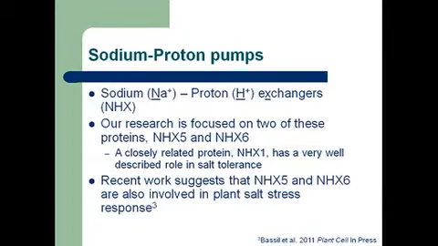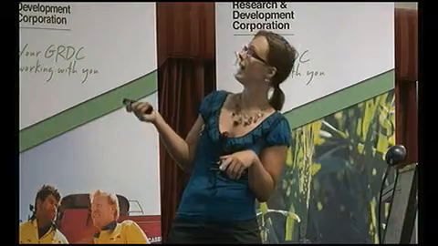They pump sodium and hydrogen in and out of the cell and in and out of different compartments in the cell. So our research is focused on just two of these proteins. They're arbitrarily called number 5 and number 6, so AtNHX5 and AtNHX6. And the reason primarily that we were interested in these is that very closely related protein, number 1, has a very well described role in salt tolerance.